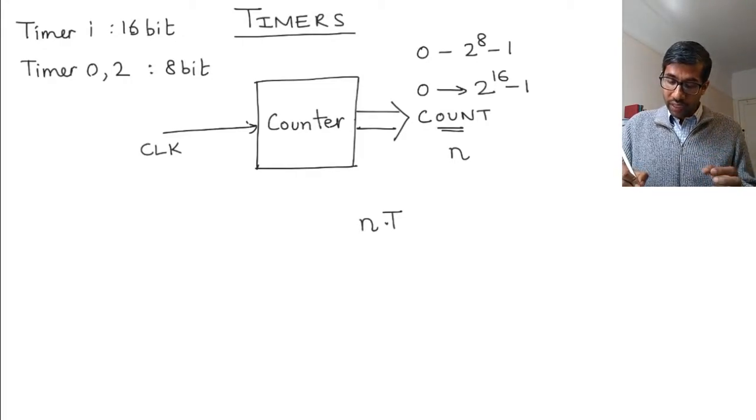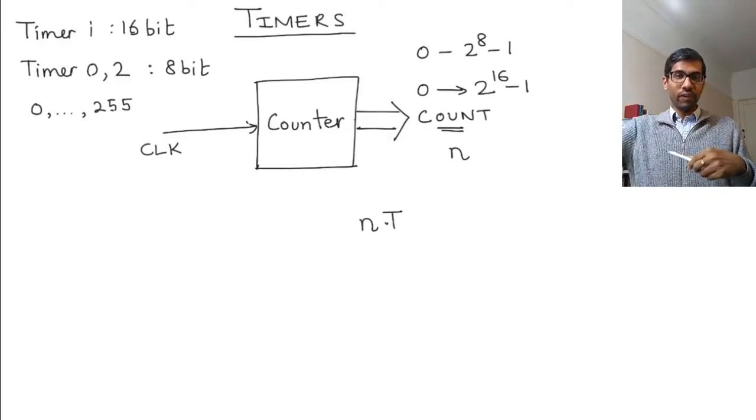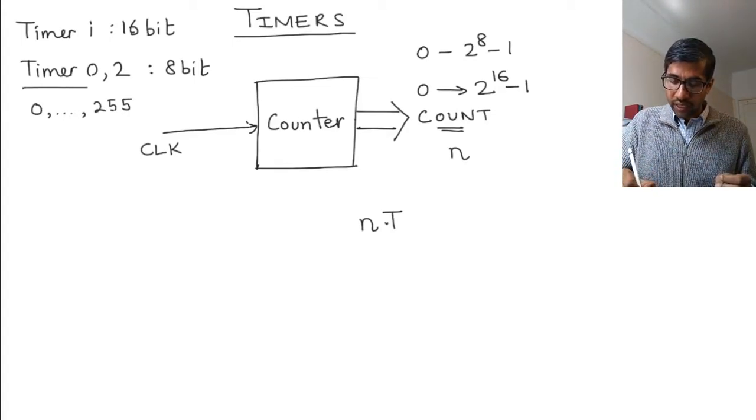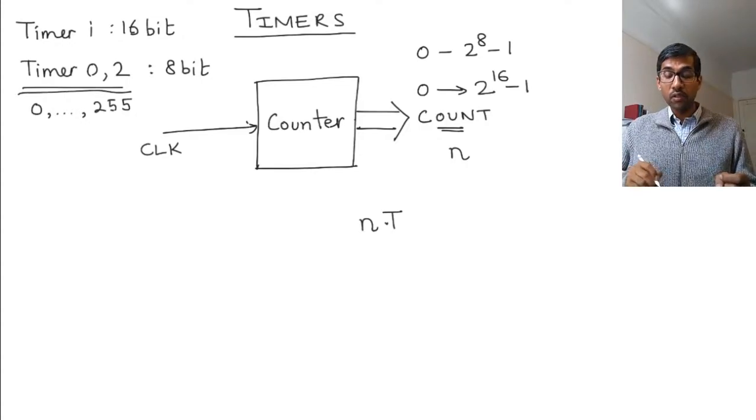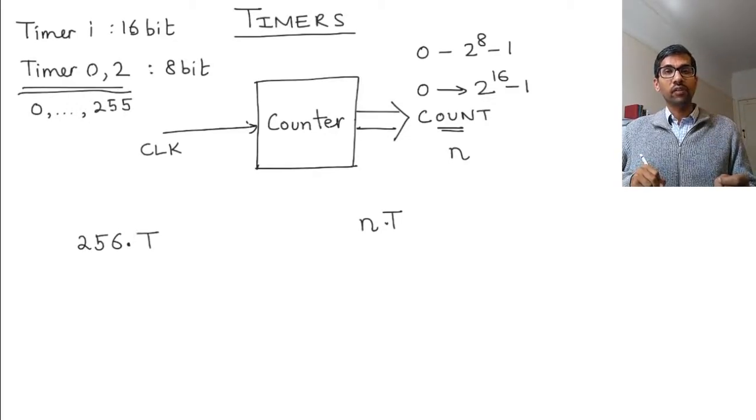So in timer 0 and timer 2, you can have counts from 0 all the way to 255. So you have 256 levels that you can count, and then the timer overflows, which means that the count again starts from 0 and goes all over again. So the maximum time that you can count in timer 0 and timer 2 is 256 times the time period of your square wave.